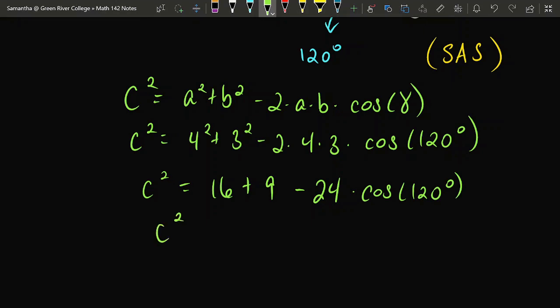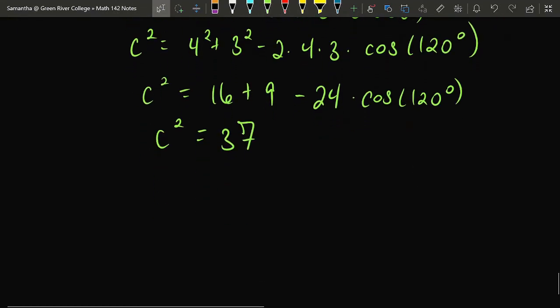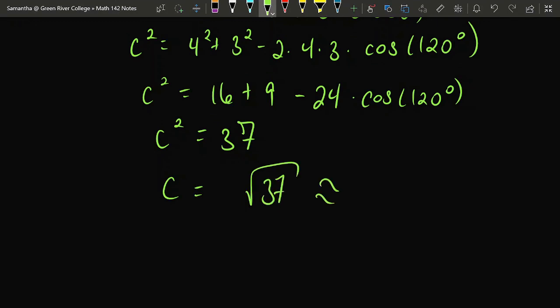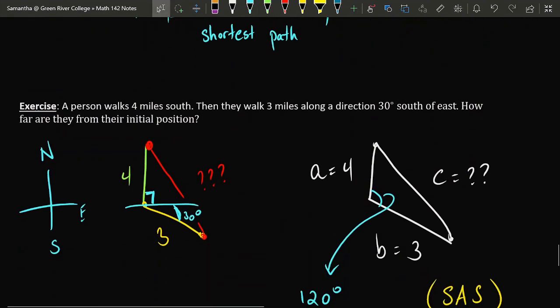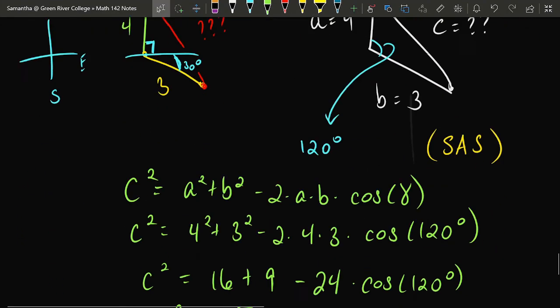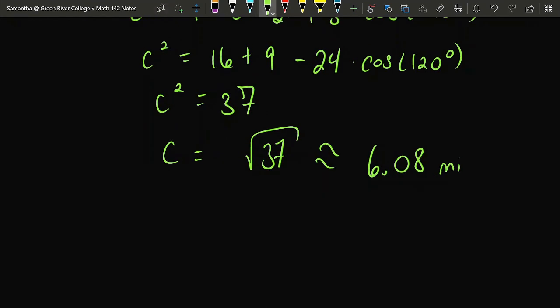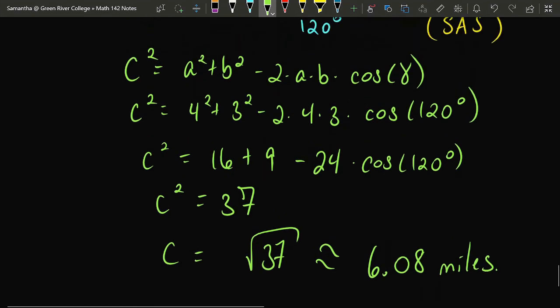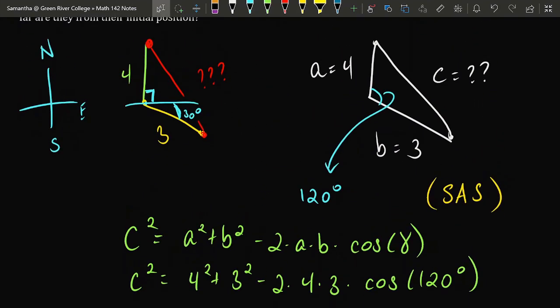So the value of C squared is equal to 37 exactly, and therefore the value of C is equal to the positive square root of 37, which is approximately equal to 6.08, in this case 6.08 miles, since the distances are given in units of miles. So this would be an example of using the law of cosines to fill in one of the blanks in the type of triangle called SAS.